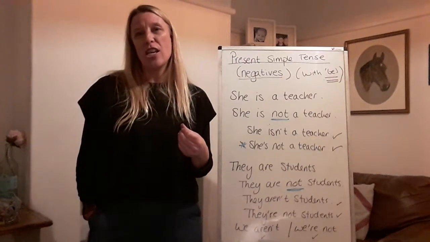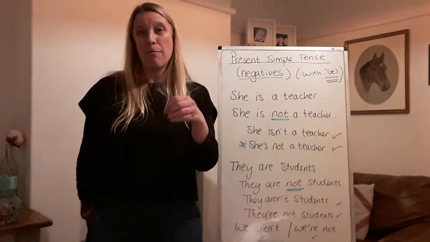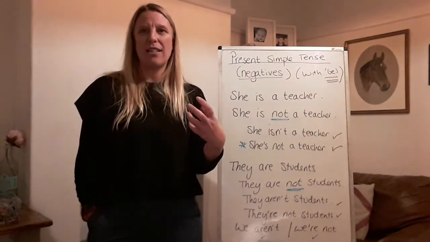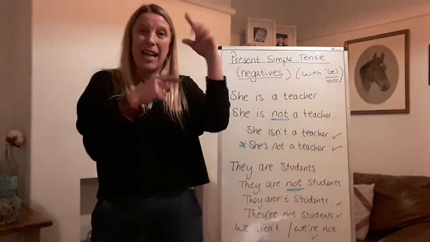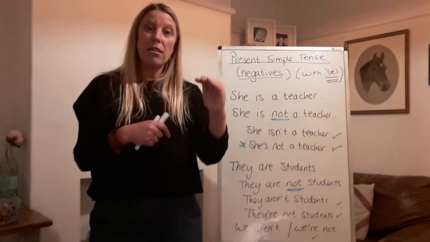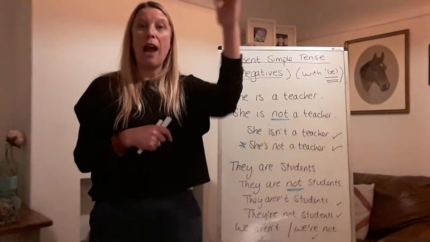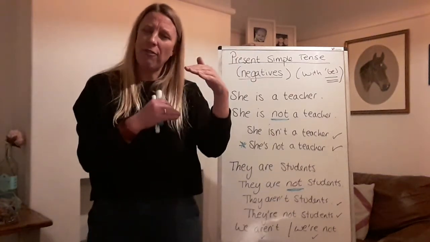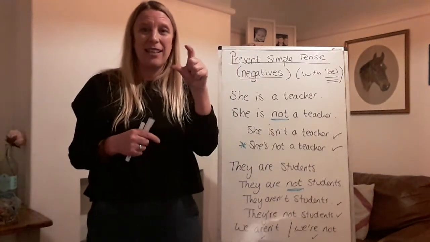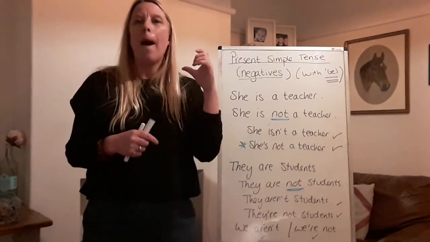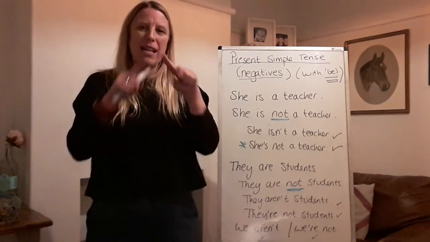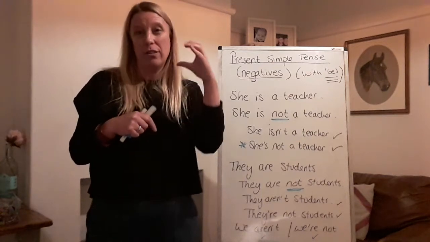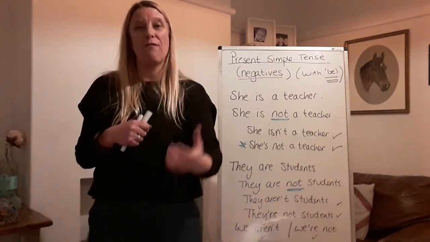I'm also sending you with this email attached a reading exercise. So it's a short piece of reading. You have to read it, answer some questions about that reading, and then you have to write a little bit in the present simple about your friend or your family. So just a little paragraph about a friend or a family member.